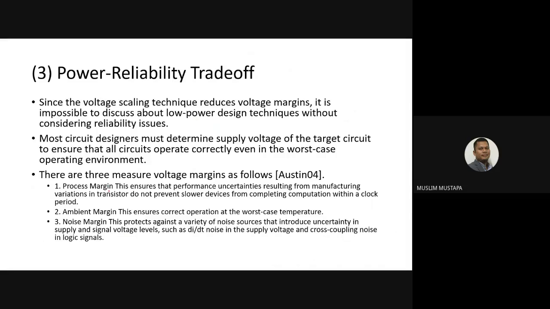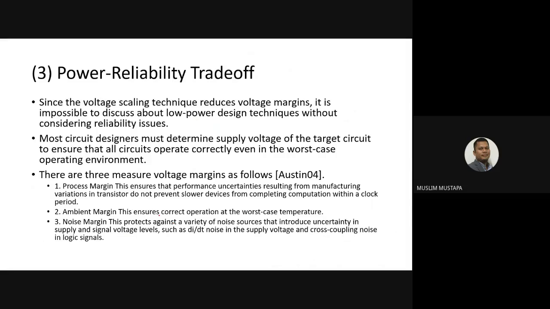Okay, so there are three measures of voltage margin. The first one is process margin. This ensures that performance uncertainties resulting from manufacturing variation do not prevent slower devices from completing computation within a clock period. So we have to ensure that nothing slows down and disturbs the completion of the computation within a clock period, the timing constraint. Ambient margins ensure correct operation at worst case temperature.